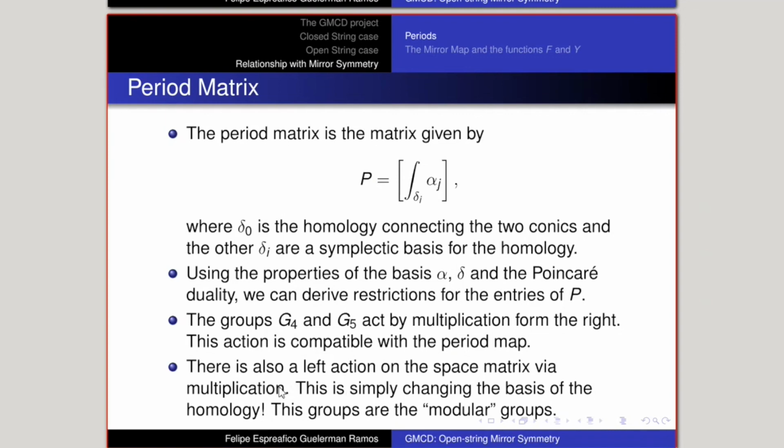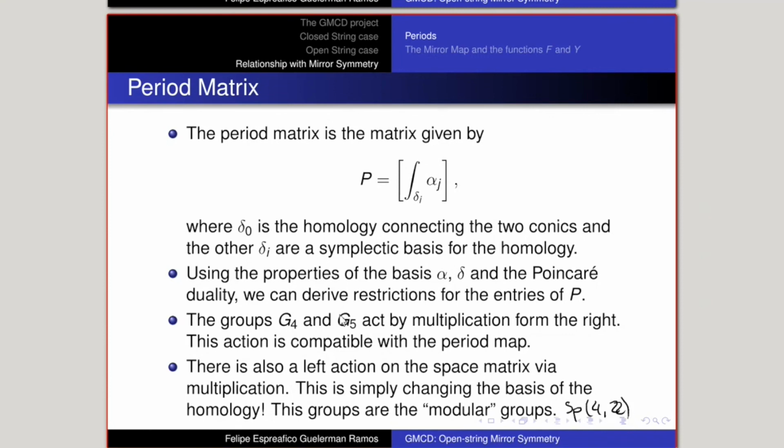And also, that's the answer for the question I raised about the modular group. There is also a left action by multiplication, which is actually changing this basis here. So these are the modular groups which are appearing, which are like subgroups of the symplectic group. So that's the modularity appearing here.